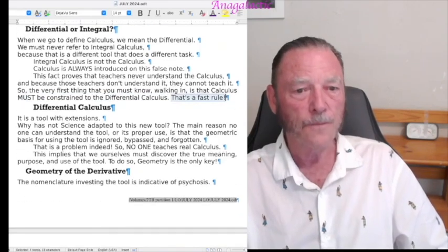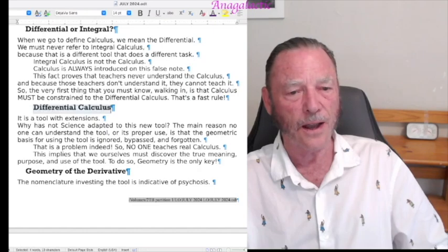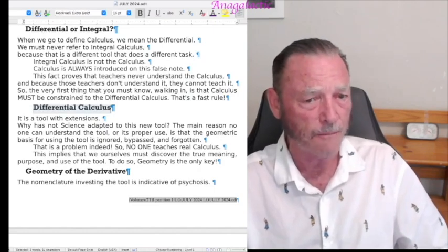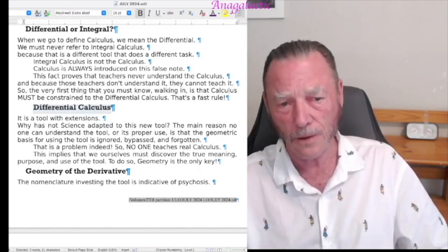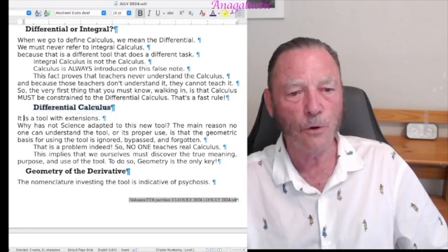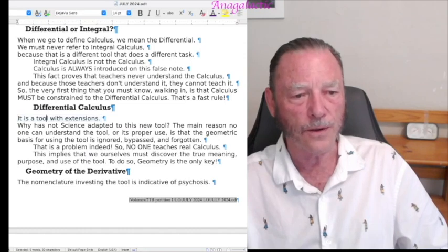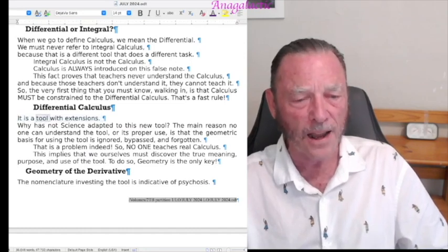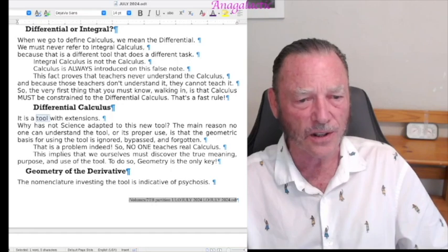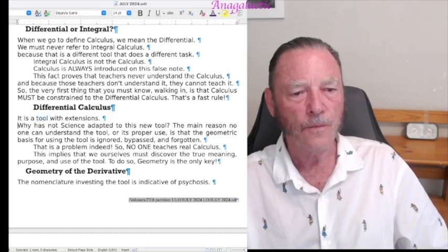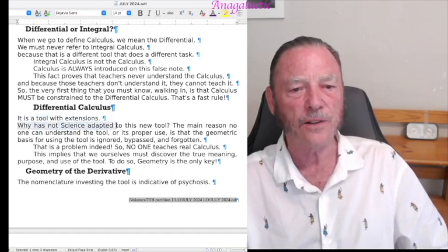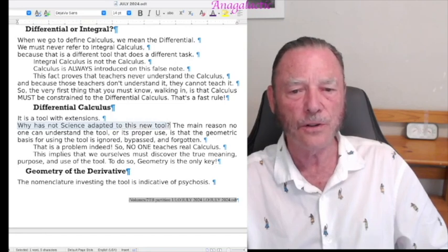To learn it. So what is the differential calculus now that we've disambiguated the word calculus? It is a tool with extensions. What we want to understand is the fucking tool, not its extensions. Why has not science adapted to this new tool?